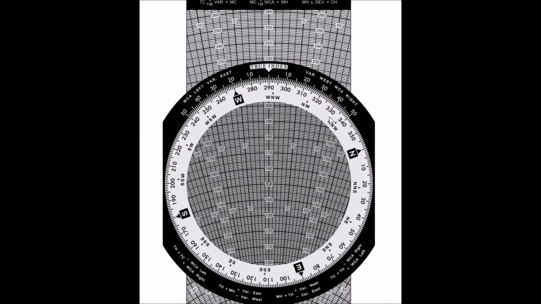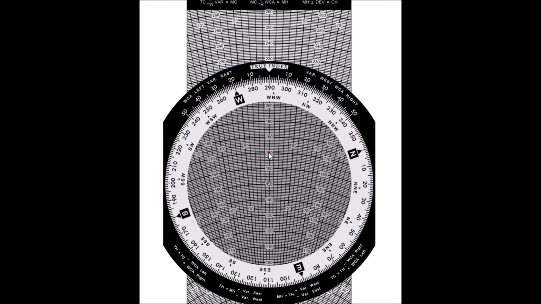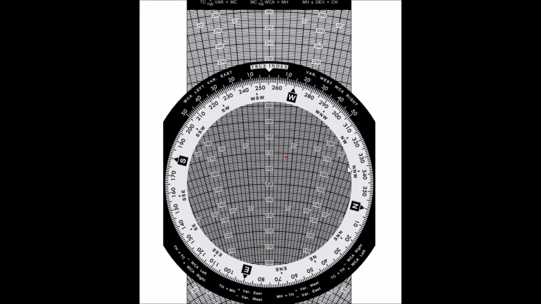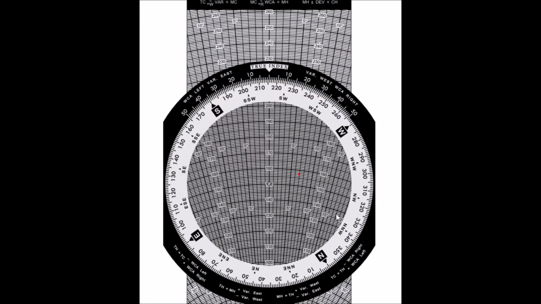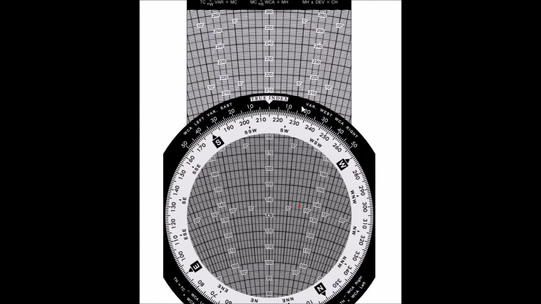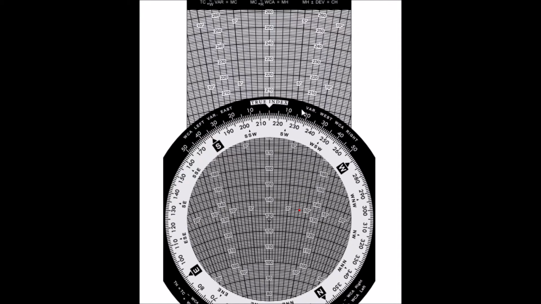And since the wind is 20 knots, let's put a mark in the 170. Let's rotate to our desired course, which is 215. And let's slide the window so our red dot falls on the average true airspeed, which is 135 knots.